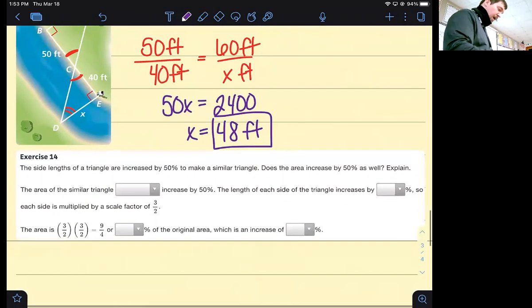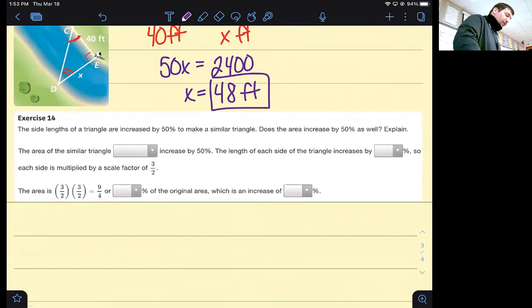Okay, let's look at a homework problem from tonight's homework. Number 14. It says the side lengths of a triangle are increased by 50% to make a similar triangle. Does the area increase by 50% as well? Explain. Okay. Well, if you're increasing by 50%, do you think that's going to increase the area by 50%? Yes.